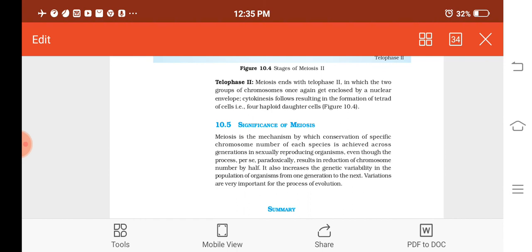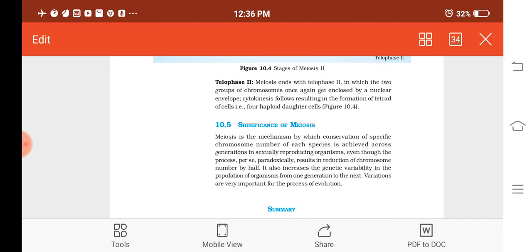So I hope this chapter is very clear to you. We have studied about mitosis and meiosis. After mitosis, a single parent cell will get divided into two cells, each having the same number of chromosomes.